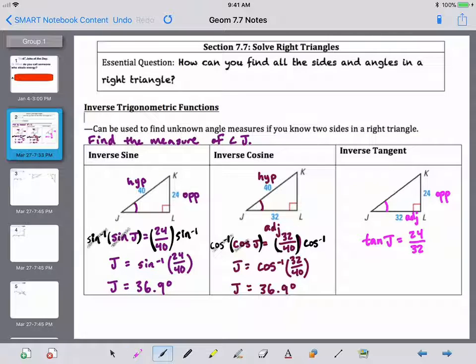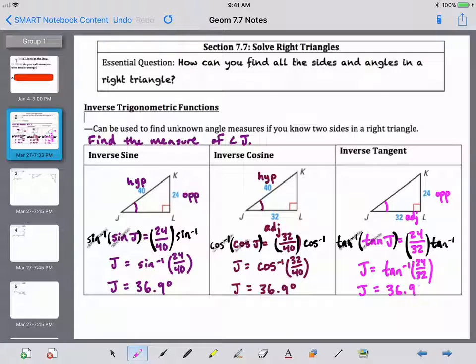Again, I want to get J by itself, so I have to undo taking the tangent, which is taking the tangent inverse. If we apply that to both sides, the tangent inverse and tangent cancel out, and we're left with angle J is the inverse tangent of 24/32. If you plug that into a calculator, which I again recommend that you give a try, you should still end up with that 36.9 degrees.